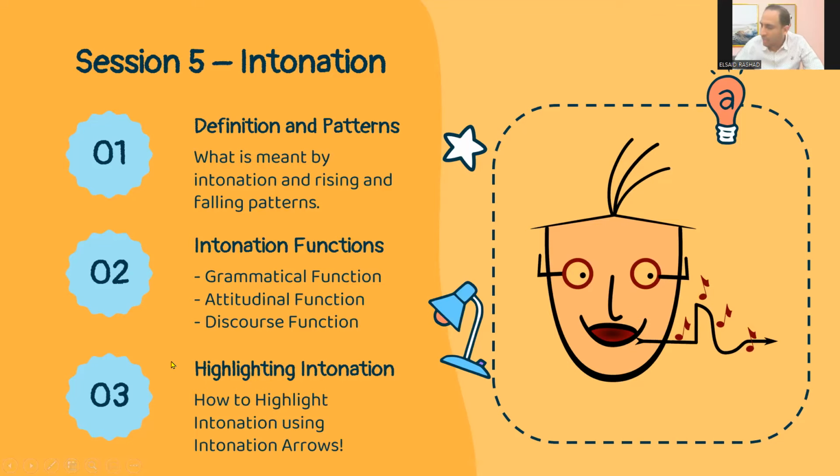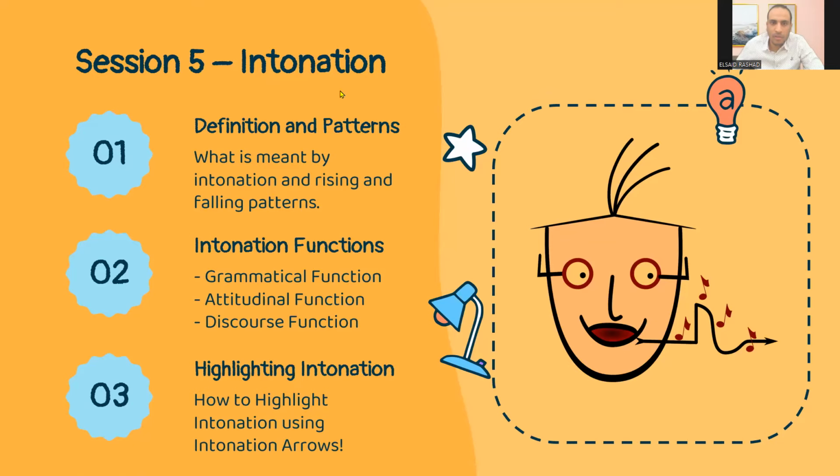And when we highlight stress, we use something called boxes or circles. We put it on the word or on the syllable, okay? But when it comes to intonation, what do we use? Arrows, yes.